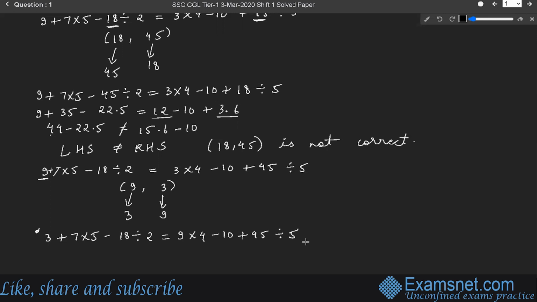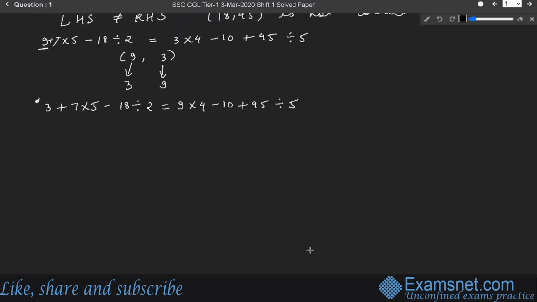Now we have interchanged the values, that is 3 in the place of 9 and 9 in the place of 3. So further solving it by using the BODMAS rule, it will be 3 plus 7 into 5. So 3 plus 7 into 5 is 35 minus 18 divided by 2 is 9. Okay.